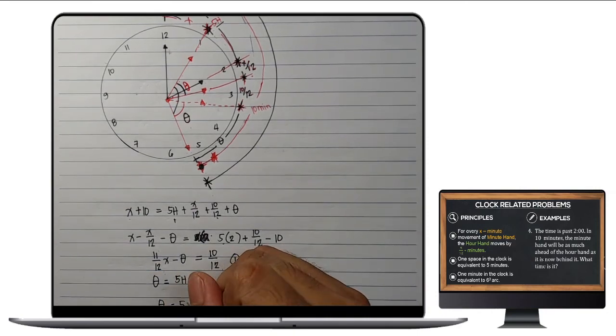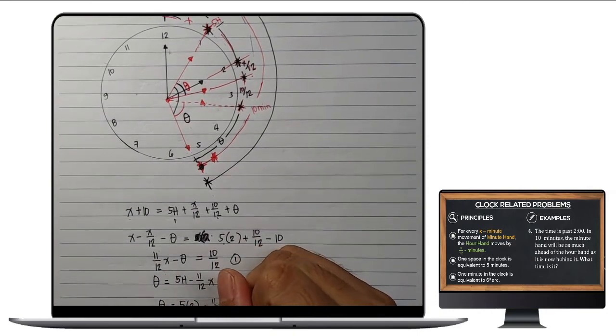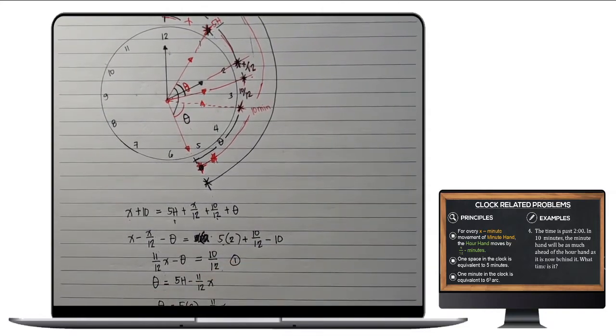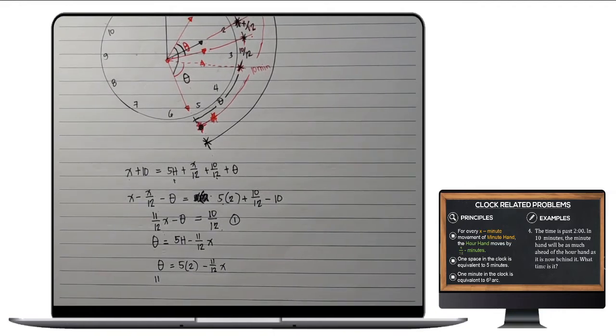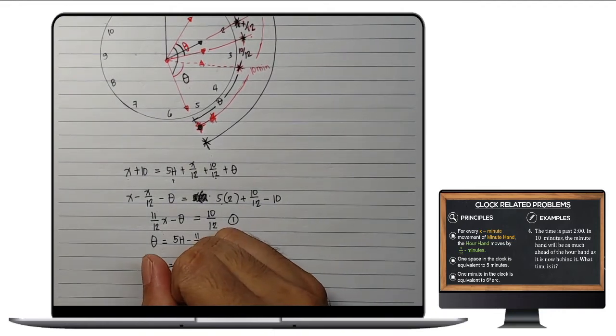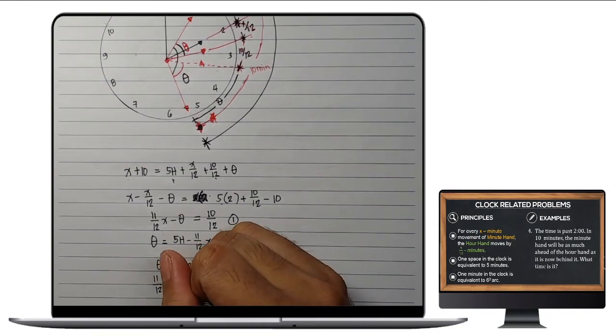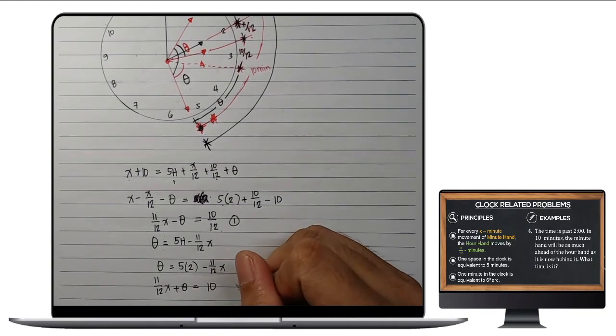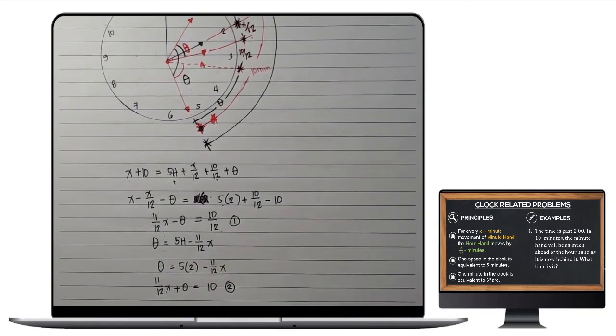So that is 5 times 2 minus 11 over 12x. So transpose, we will have 11 over 12x plus theta is equal to 10. So let's have this one as our second equation.